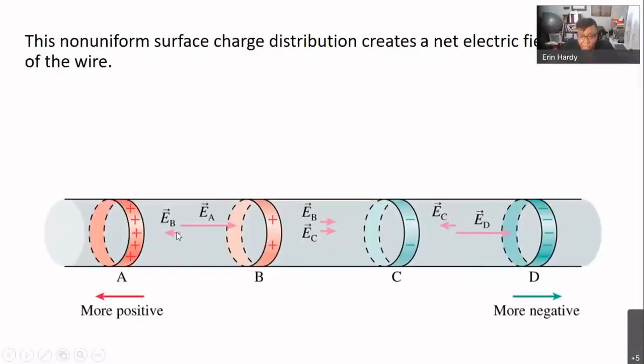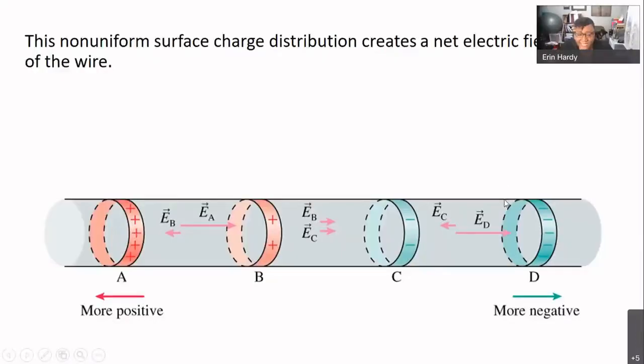If we assume it's positive just to keep things simple, the electric field vectors produced by slice B will have to have the opposite direction of the ones produced by slice A. So the net field in this section is going to be oriented toward the right, but it's going to have a magnitude equal to the magnitude of EA minus the magnitude of EB. We're just figuring out the net field vector magnitude exactly the same way we would if we were talking about forces acting on an object.